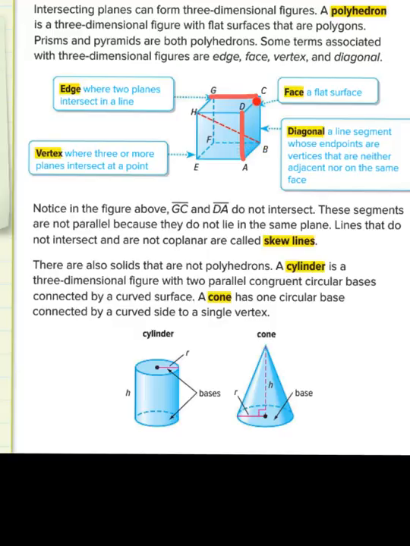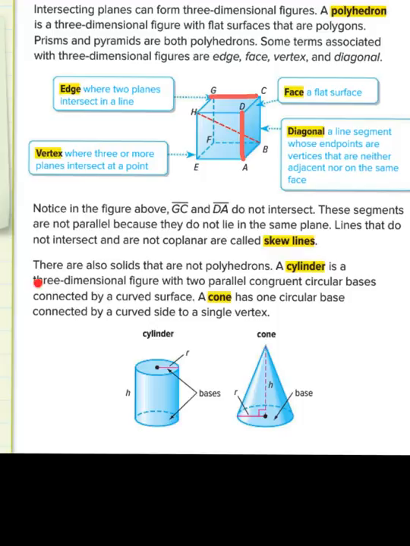They do not touch, so they don't share an edge or a vertex. So these segments are not parallel because they do not lie in the same plane. Lines that do not intersect and are not coplanar, are not on the same plane, are called skew lines. So these are skew lines. Another skew line would be H and E is skewed to GC. A and B is skewed also to GC. Do you see?